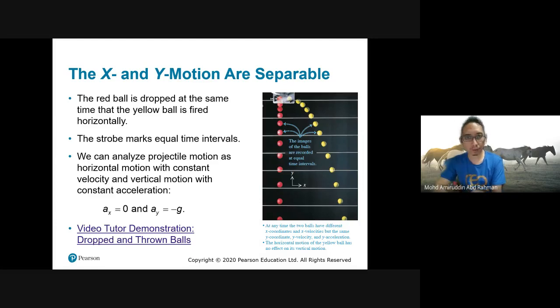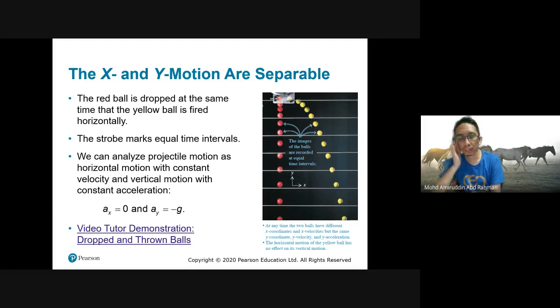Let's say we look at two different examples over here. So we have two balls, the red ball and the yellow ball. And then we look at the stroke marks at specific time intervals.